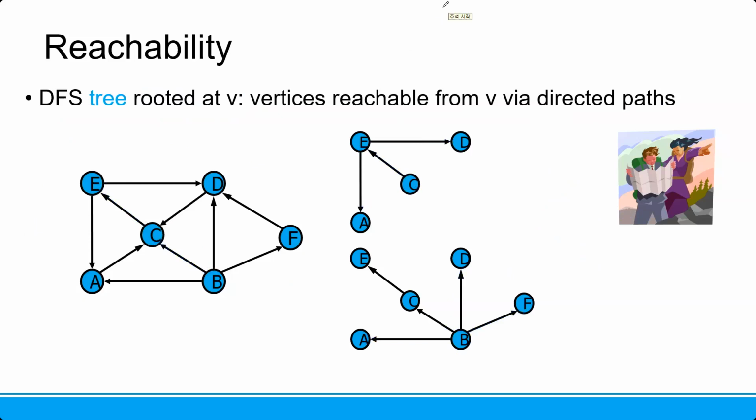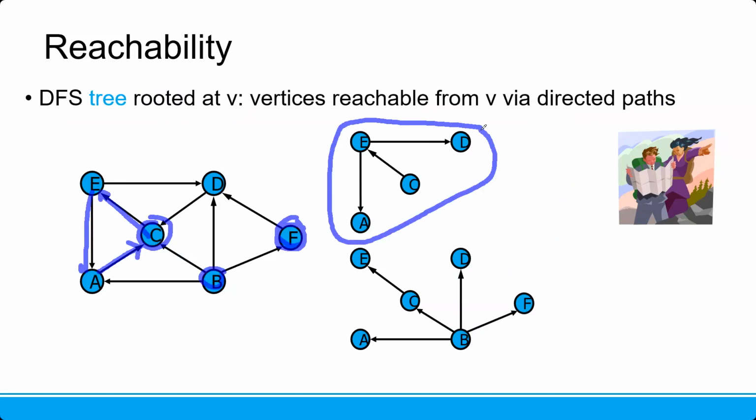The question is, is it possible to find the reachability from C to F? From C, we can go to E. E can go to A, A can go to C. So there is no reachable path to F. That's why this is the reachable tree.